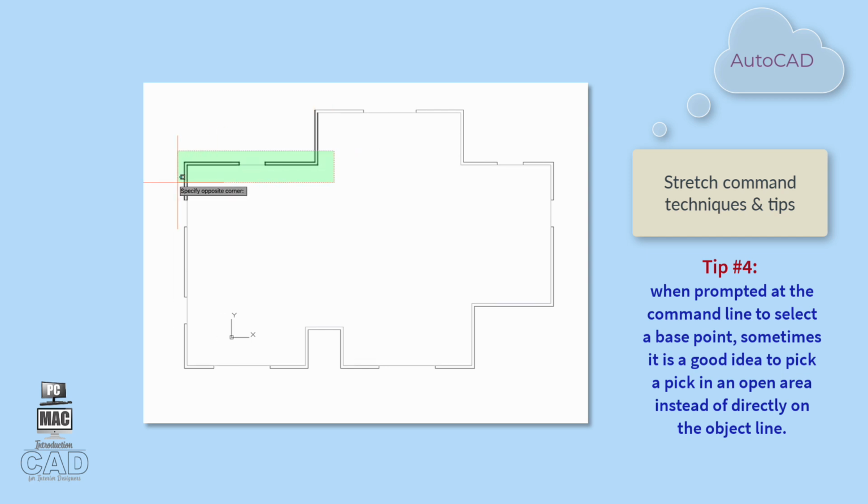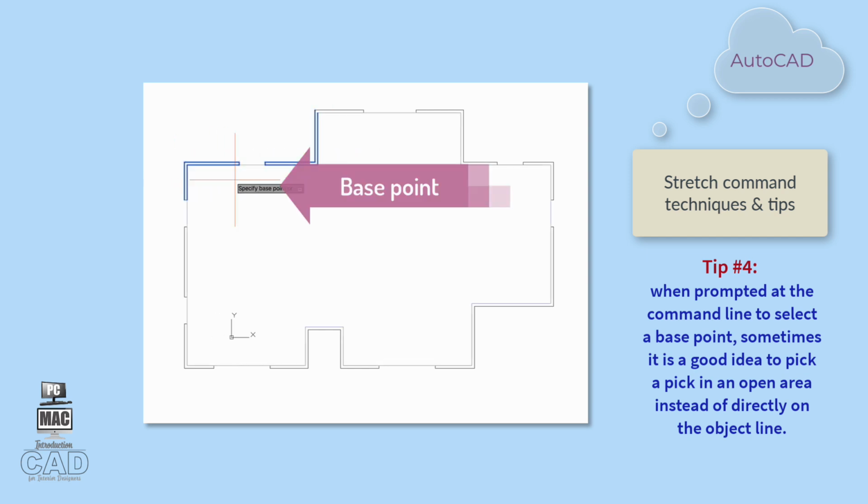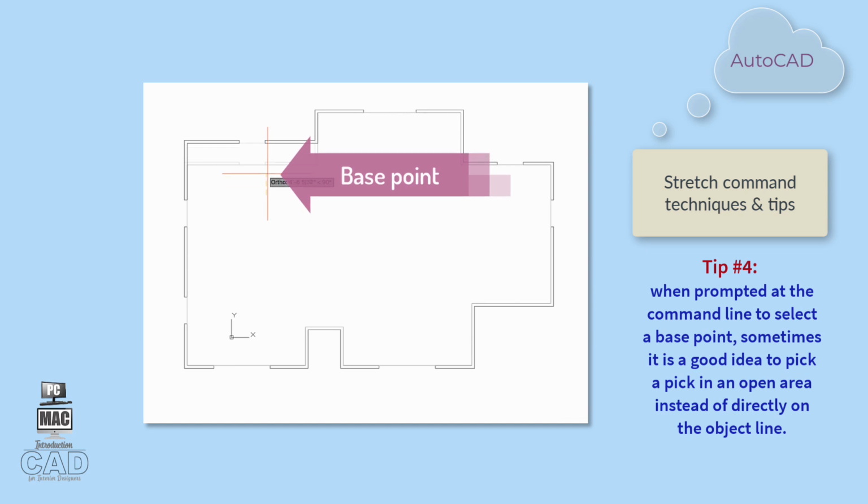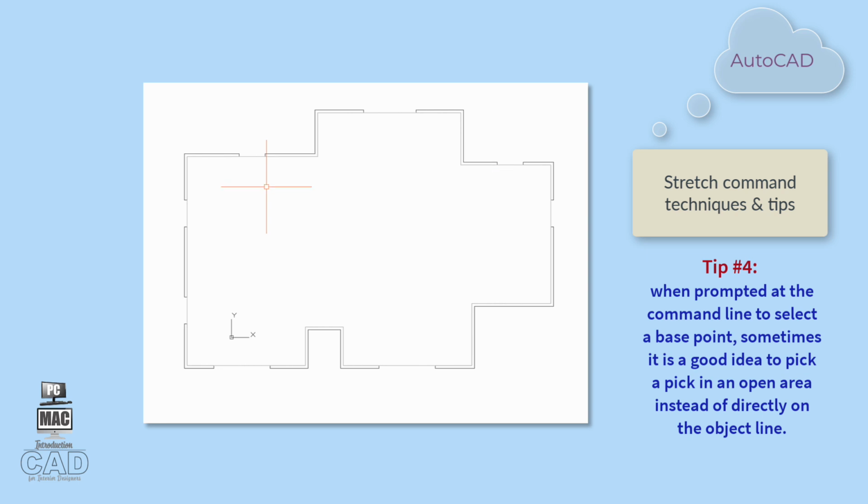When prompted at the command line to select a base point, sometimes it is a good idea to pick a point in an open area instead of directly on the object line. Picking a base point in an open area alleviates the necessity of toggling off the O-snap for the displacement point. O-snap magnets sometimes snap to unexpected points when the base point is directly on the object line.